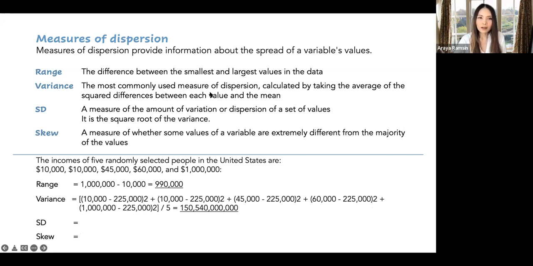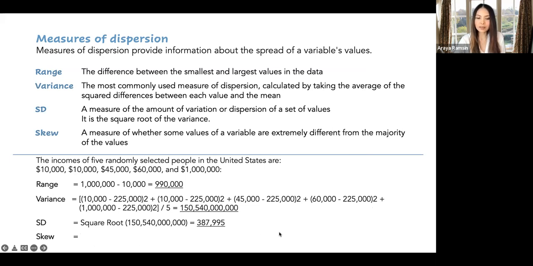Variance is calculated by taking the average of the squared differences between each value and the mean. So quite complex here. So this is the variance for this case. And then SD is the square root of this number. And so here is the SD, or standard deviation.